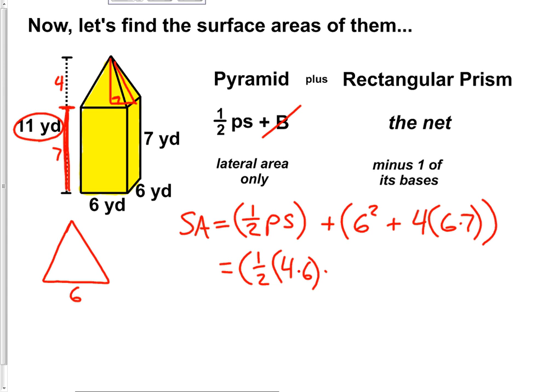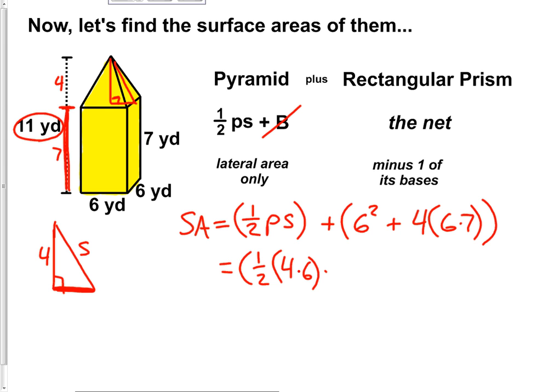That means there must be 4 units left over for the overall height. So as it turns out, I don't really need the triangle that showed one of the lateral faces. What I really need is the triangle from inside of the pyramid, where the slant height is not known, the overall height is 4, and if we could figure out what is going on with this little guy right there, we'd be good to go as far as the Pythagorean theorem is concerned.